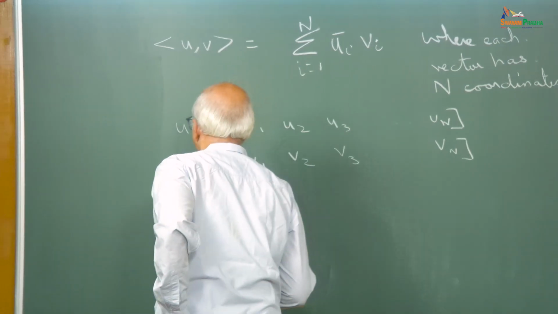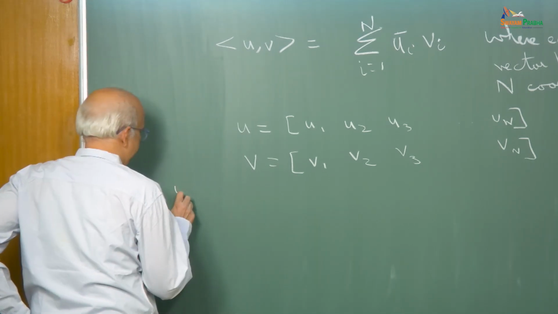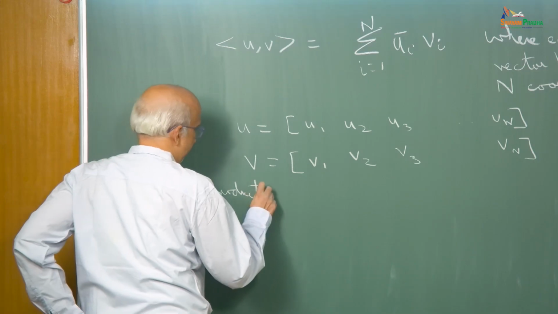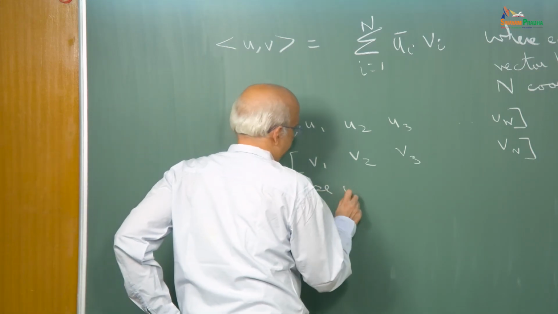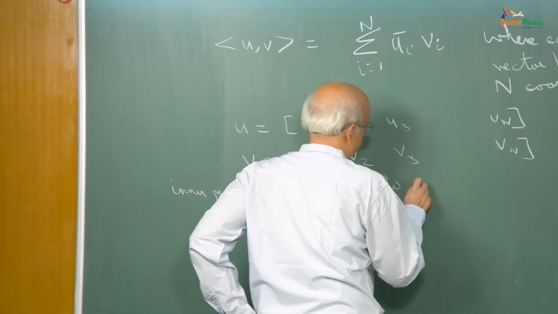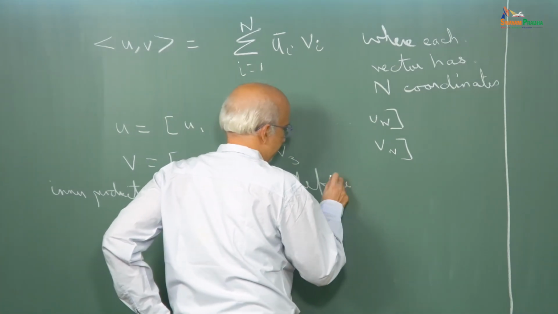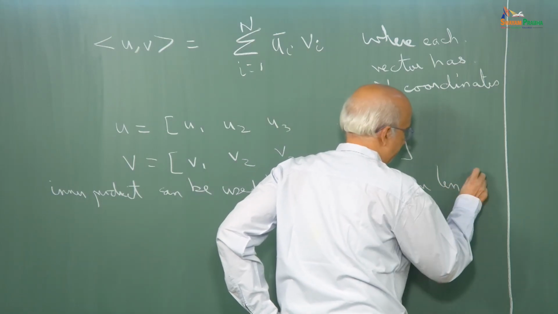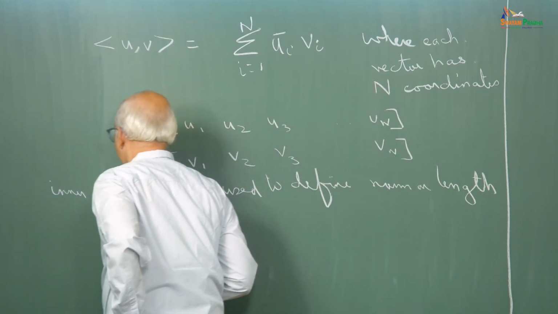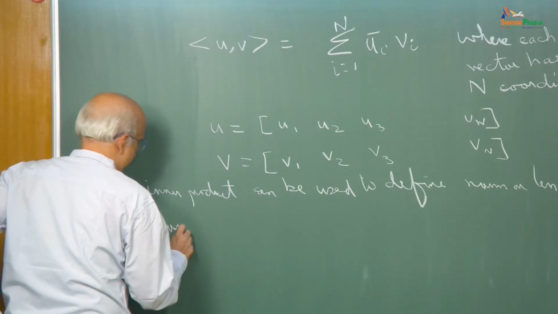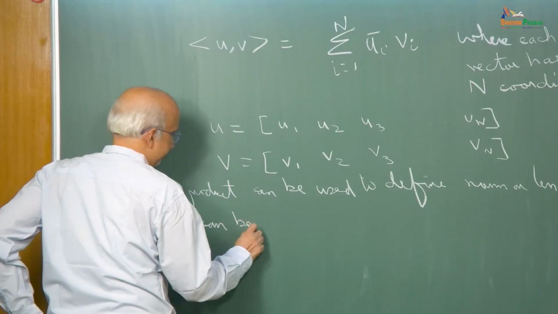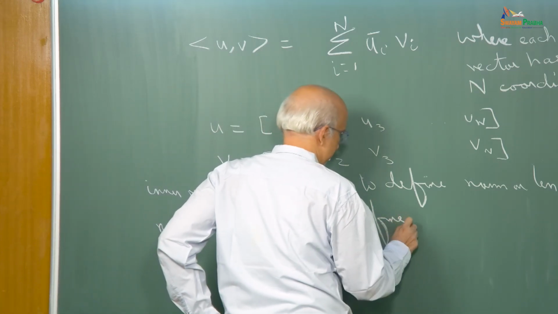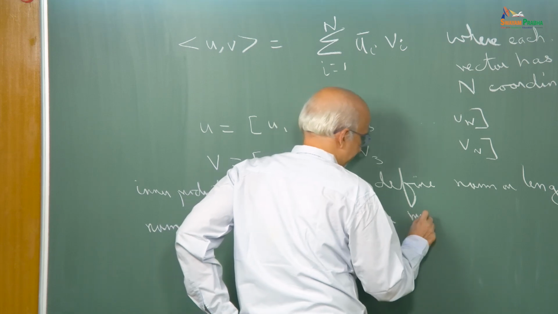So, inner product can be used to define the norm or length, and then the norm can be used to define the metric.